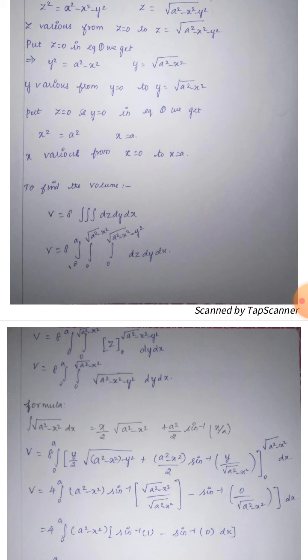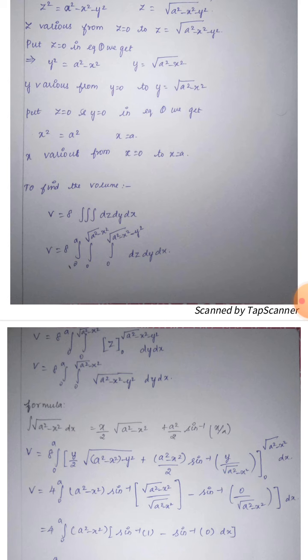Now I'm going to state one formula for the next integral. The integral of root of a squared minus x squared dx is equal to x by 2 root of a squared minus x squared plus a squared by 2 sine inverse of x by a.